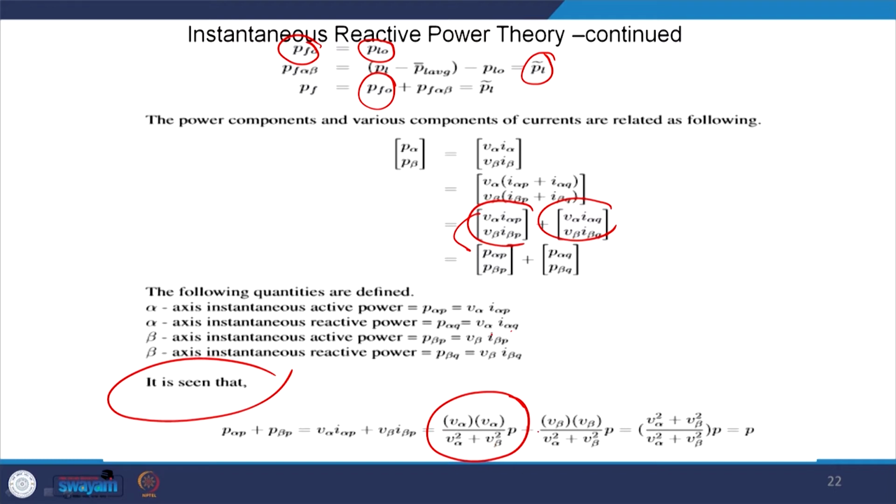So, this term will be V beta into V beta, and this determinant term V alpha square plus V beta square into P, and if you combine, that essentially gives rise to the value of the P, and this determinant term will get cancelled in numerator and denominator.